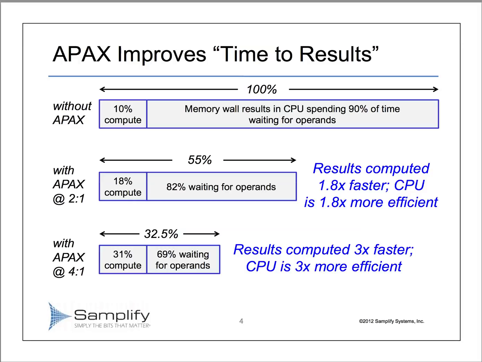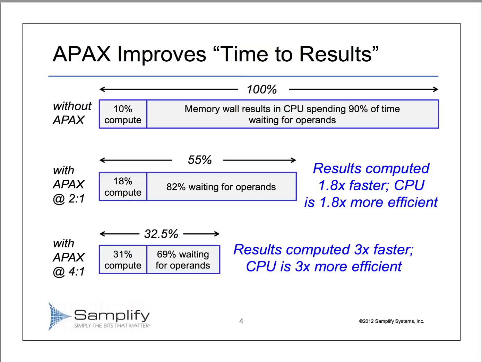By encoding those data transfers with our APAX technology at an encoding rate of 2 to 1, we reduce the amount of time the CPU spends waiting for data. As a result, you get your results 45% faster, and CPU utilization goes up 80%.